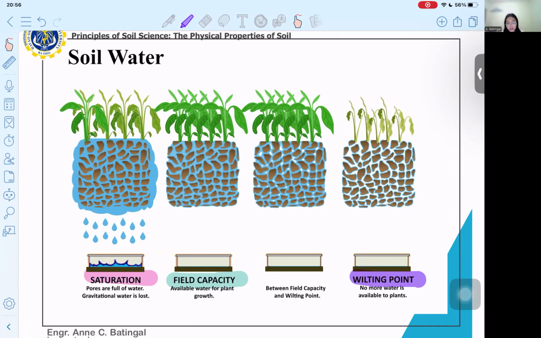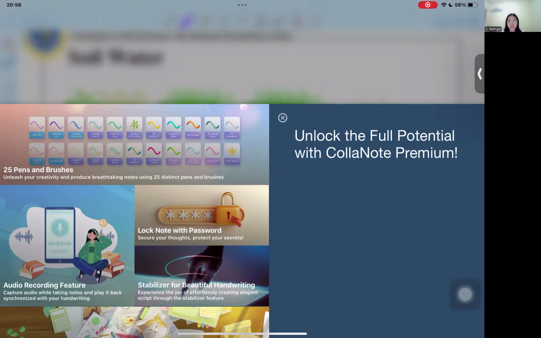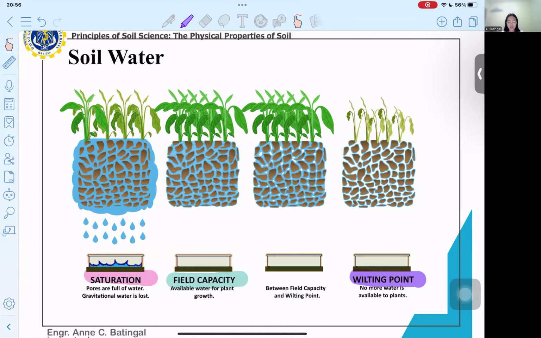At a certain stage, the soil water content is not enough to support the life of your plant. There is still soil water present, but the plant cannot take it up. It cannot overcome the tension. That's the time that your plant dies. That's what we call your permanent wilting point.